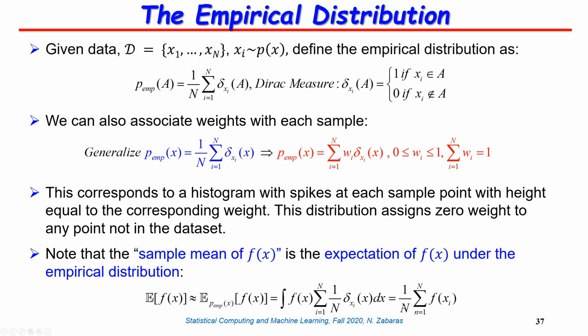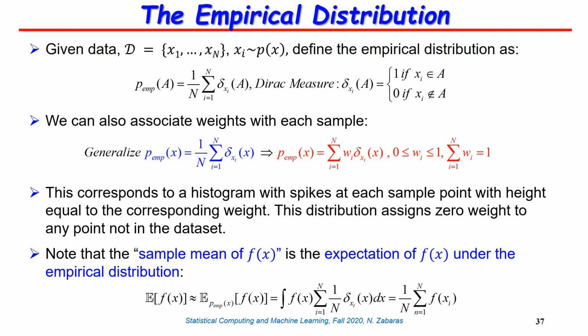So the empirical mean is an approximation to the actual mean of f of x, where the approximation involves using the empirical distribution rather than P of x, to which we don't have direct access. I'm throwing this idea of the empirical distribution out early on, and we will come back to say many more things about the empirical distribution and its significance.